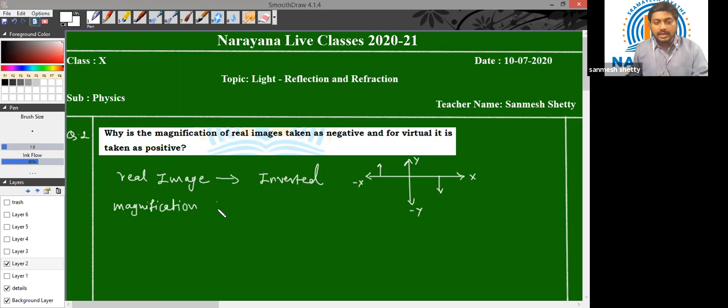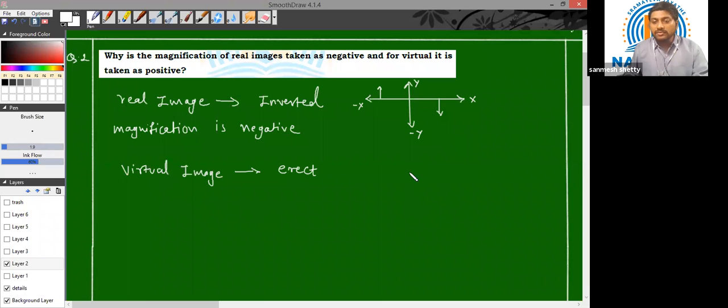Magnification is negative according to our sign convention, our Cartesian convention that we use. Now, if a virtual image is formed, virtual images, as you could see, are always erect or upright. Let me draw it here.